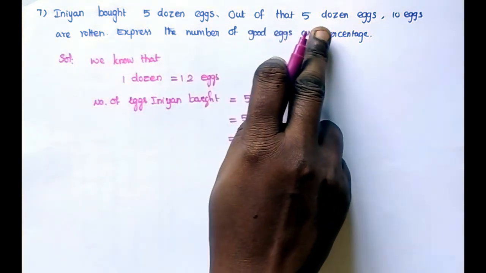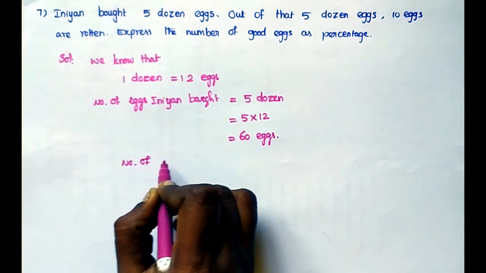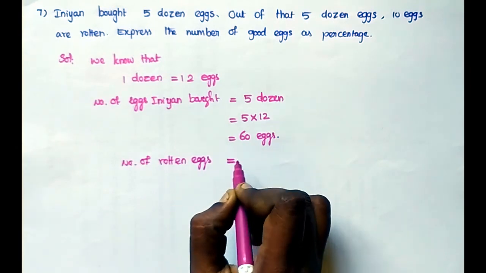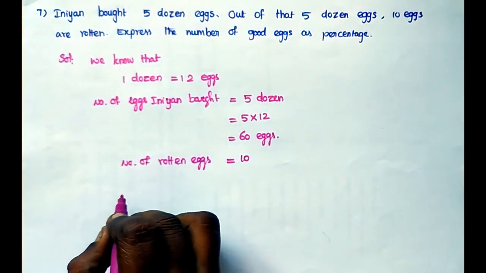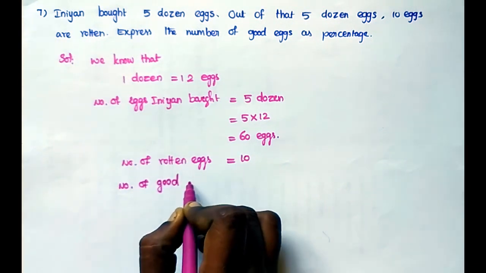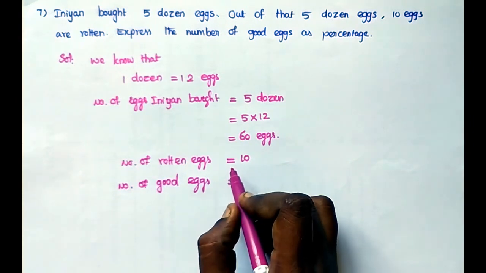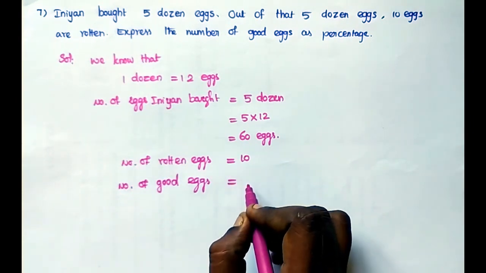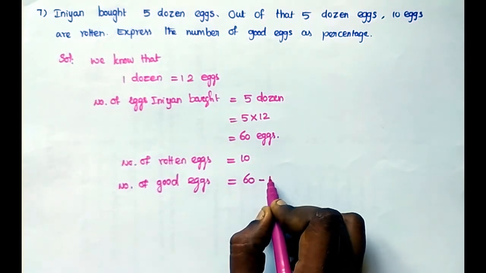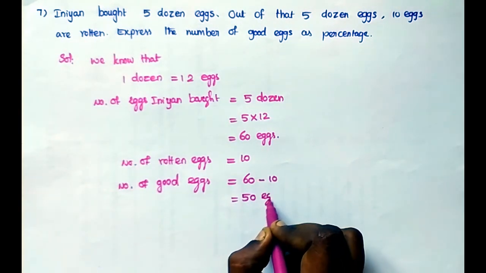Here out of that 5 dozen eggs, 10 eggs are rotten. So number of rotten eggs equal to 10. So number of good eggs equal to, 10 eggs are rotten. So total number of eggs is 60. 10 were rotten means 50 eggs are good.